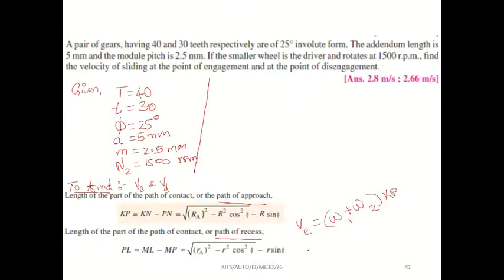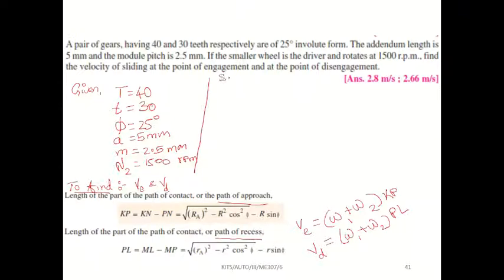For velocity at disengagement, it is omega 1 plus omega 2 into path of recess. This is the formula. We don't know any of the values. Omega 1, omega 2, K, P, PL, everything we have to find out. Okay, let us solve it.